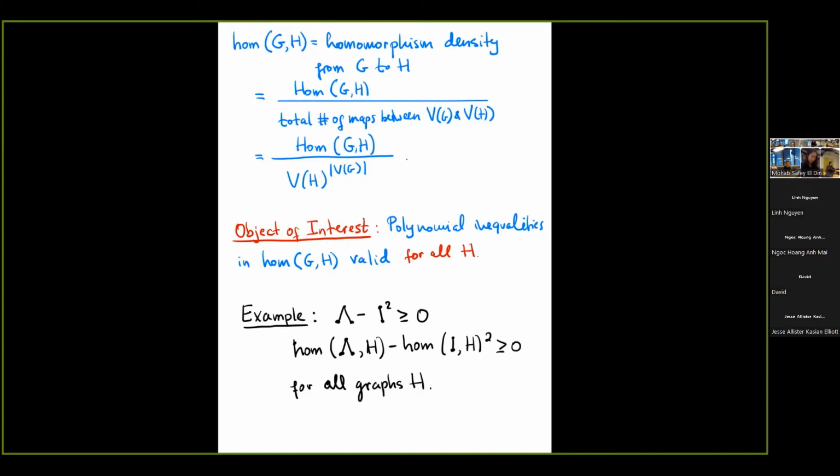So, hopefully now there's at least some smell of real algebraic geometry, because we're talking about non-negativity. Usually we talk about non-negativity of polynomials, but the evaluation is not evaluation on points. Evaluation is evaluation on graphs.